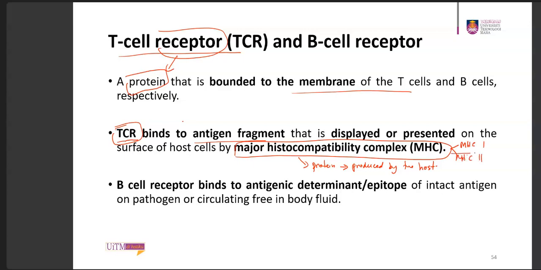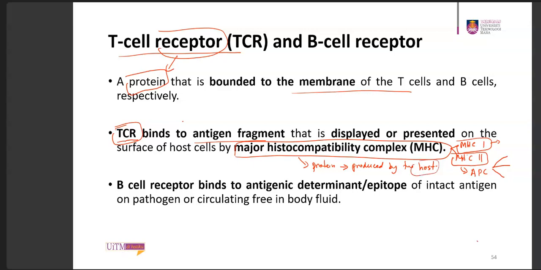MHC class 2 is produced by the cell that becomes APC. The cell that becomes APC, apa tadi? Macrophage, B cell and also dendritic cell. MHC class 1 is produced by infected body cells that have a nucleus. So these are basically host cells.